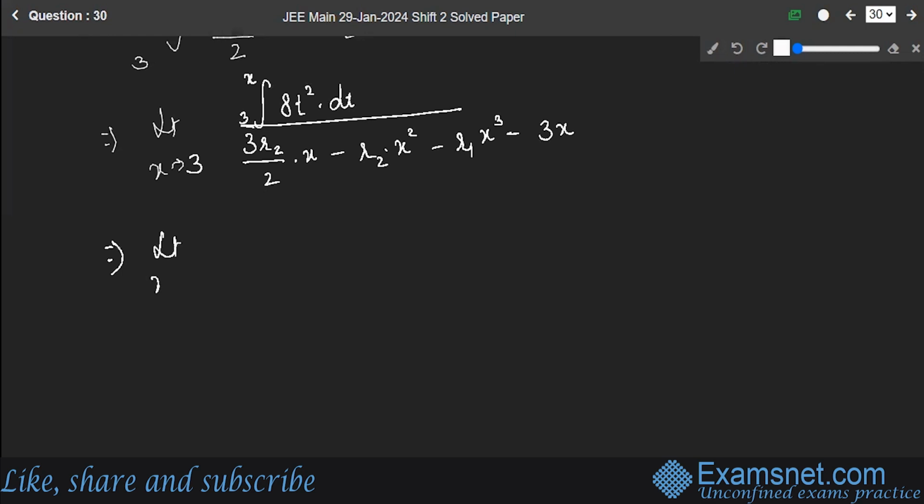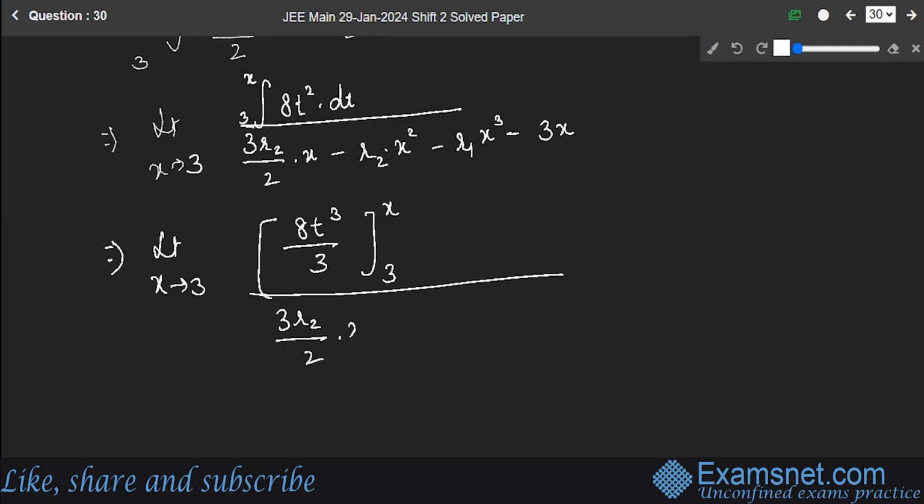Limit x approaching 3. This will be 8t cube upon 3, the limits were 3 to x, whole divided by (3√2/2)x − √2 x square − √1 x square − 3x.